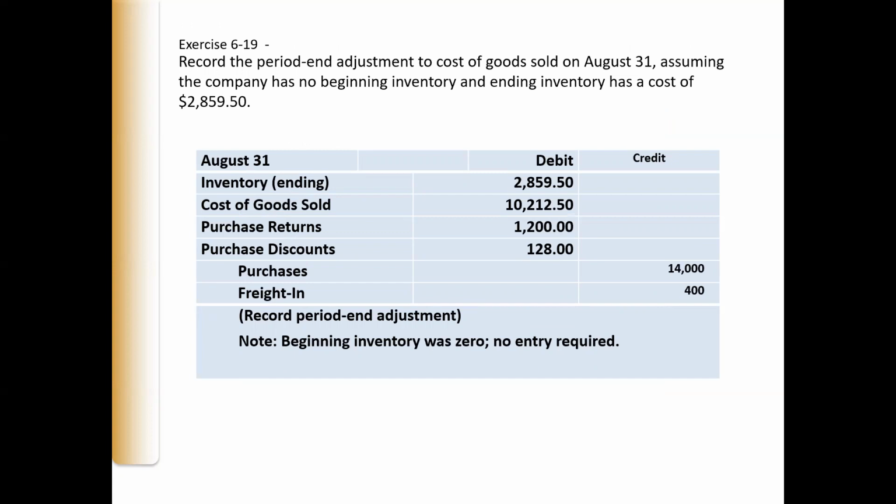So we zero out our purchase returns, our purchase discounts, our purchases, and our freight in, transfer that into cost of goods sold, and we're going to balance out. Since there was no beginning inventory here, we didn't have to zero that one out.